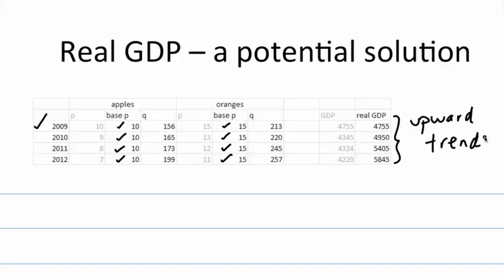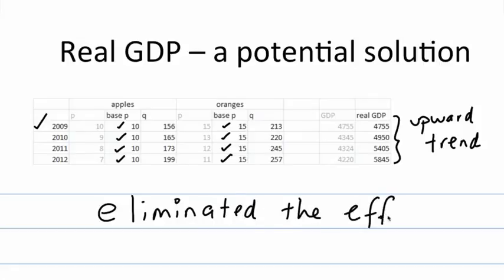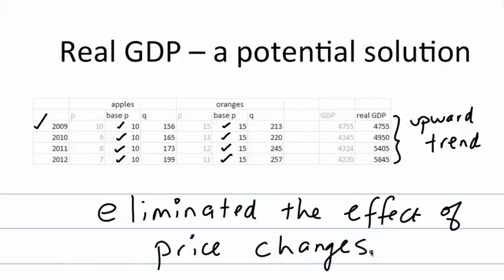And why we have that is we have, in this calculation, eliminated the effect of price changes. We must have eliminated the effect of price changes because we've held the price fixed at its base value throughout all other periods.